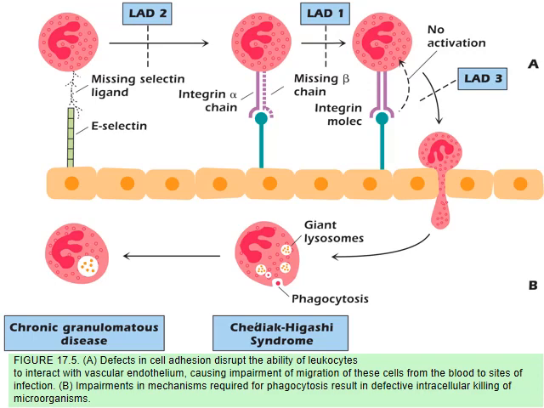So you can see from here, there are different diseases. For example, this one over here, if there is a missing selectin ligand altogether, or if there is a missing chain, this again will lead to neutrophils not getting into the system.